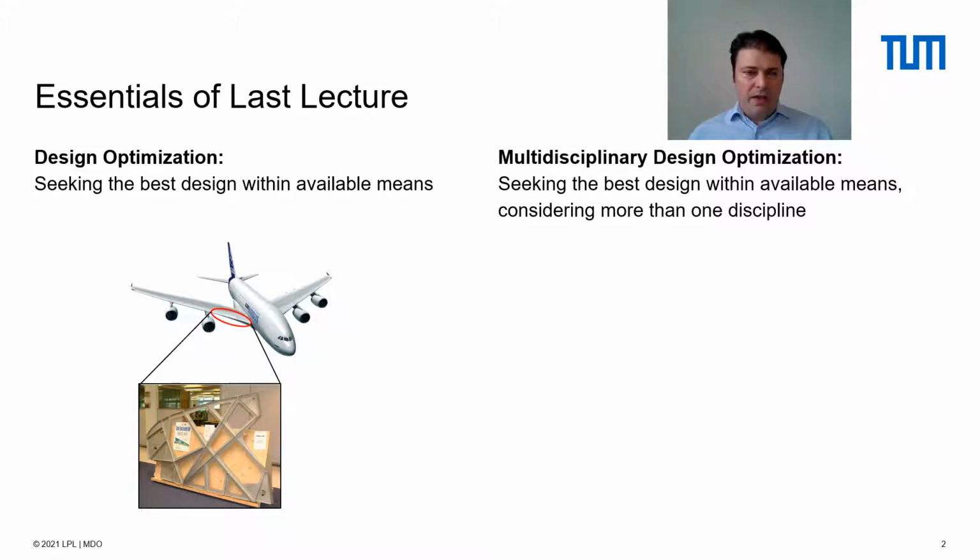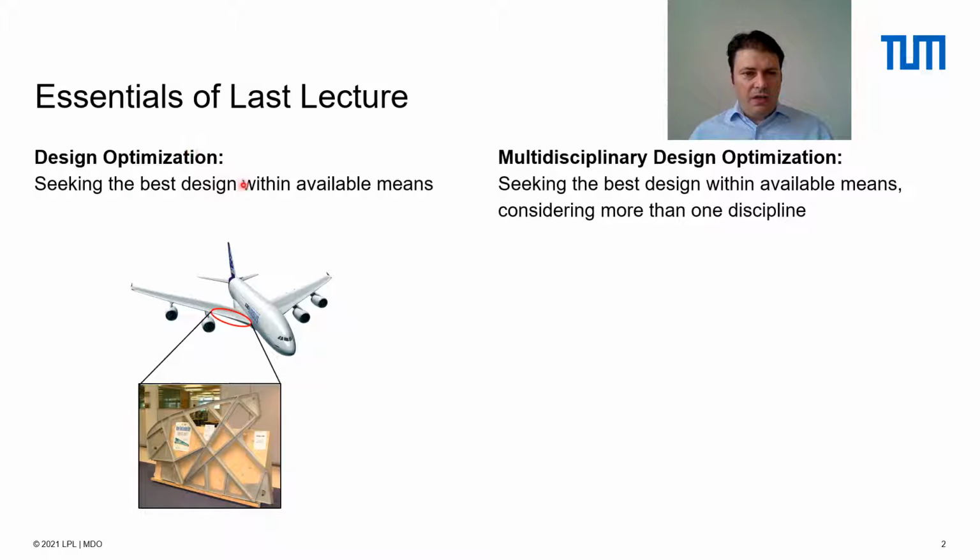Last time we defined the concept of design optimization as seeking the best design within available means. And in that sentence, there are three ingredients that I would like to emphasize. One of them is that design optimization is a search process.